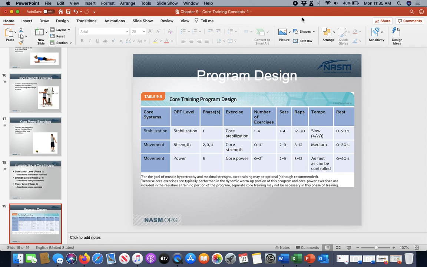Really page 631 and beyond is going to give you all those terms. So the local and global stabilization plus the movement system, they're all there. So just take a look at them, get a feel for them because I think that'll help you understand the movement and the direction. So don't skip out on that as well.